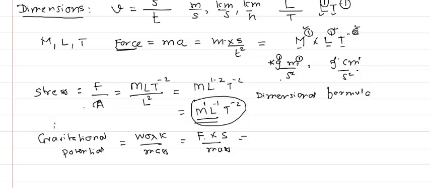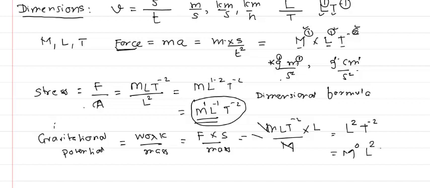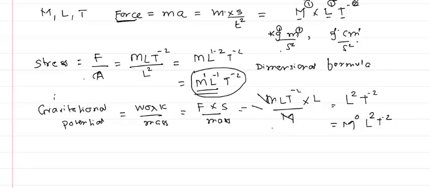Now I know that the dimensional formula for force is MLT raised to minus 2. This is distance, so L, and mass will be M. So this M will get cancelled out, and I will have the dimensional formula as L square T raised to minus 2. Or we could also write this as M raised to the power 0, L raised to the power 2, and T raised to the power minus 2. So this is the dimensional formula for gravitational potential.